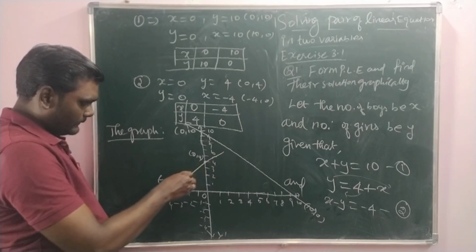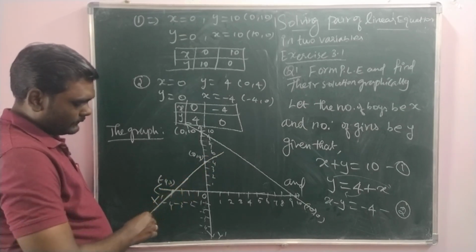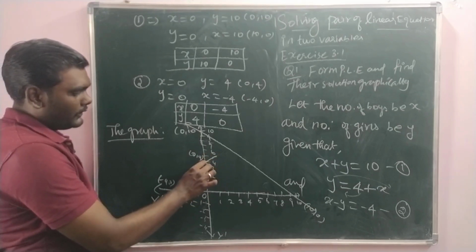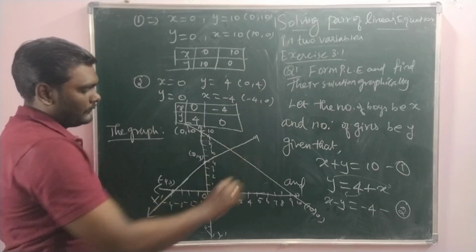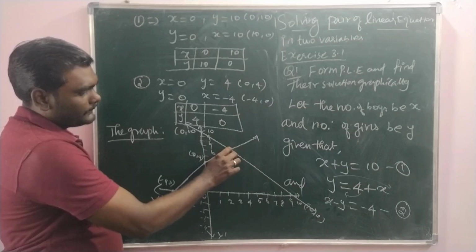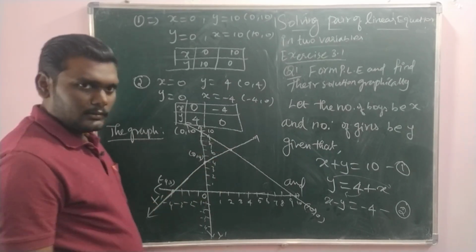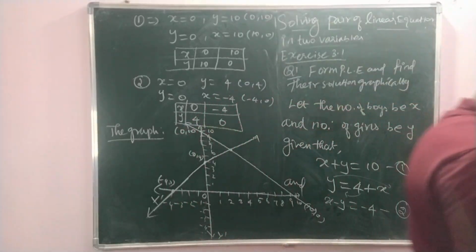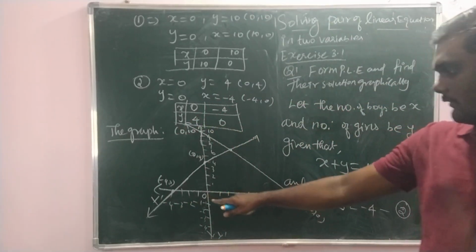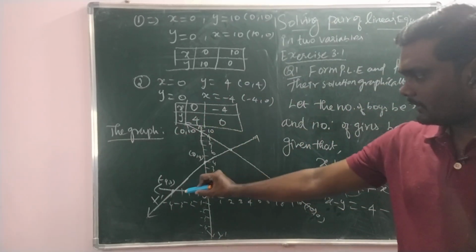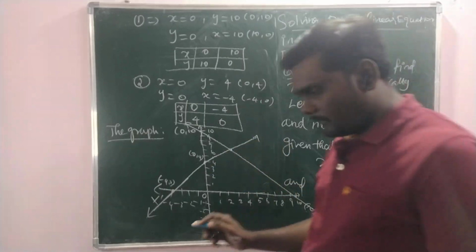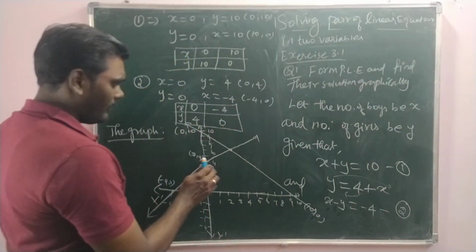Connect these two points. Now look at this, it will be intersecting at one point. Do this in a graph sheet, you may get the exact answer. Here the numbers are not equally spaced, that is why we can't take it. Also this line is not straight, somewhat I jagged the line.